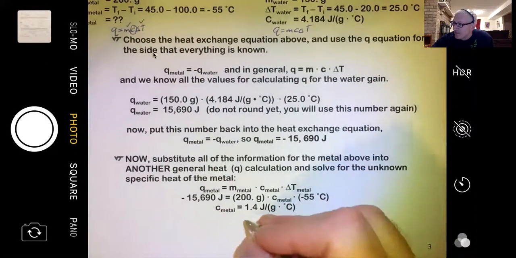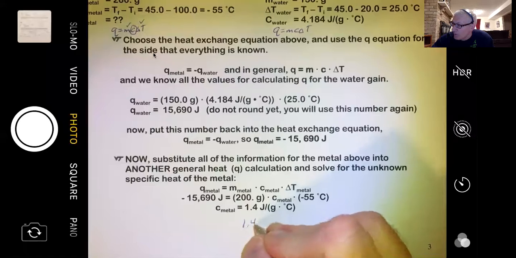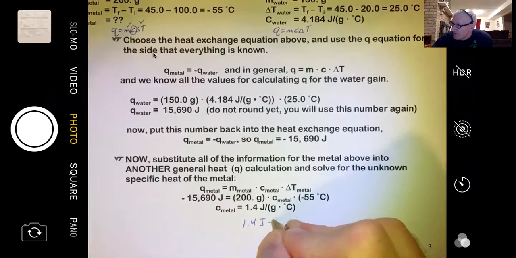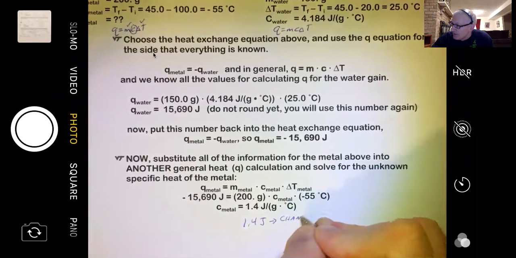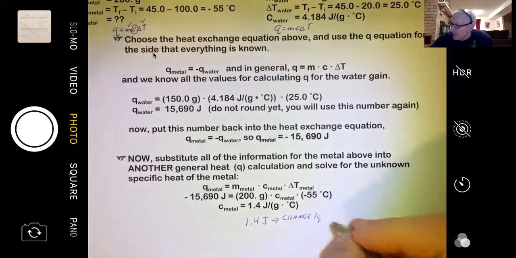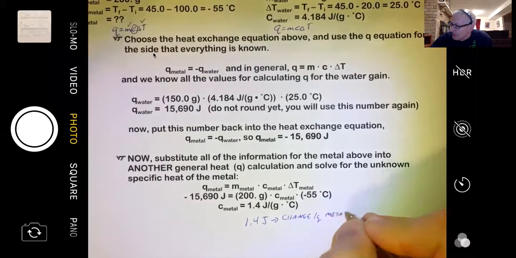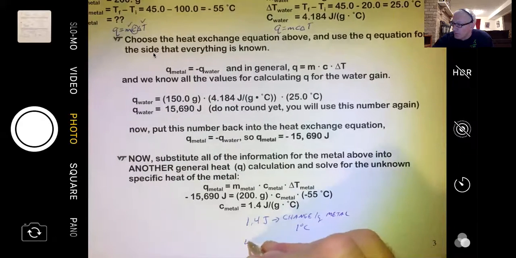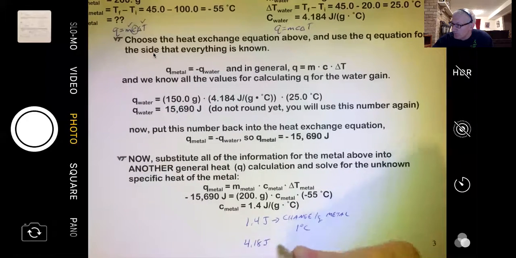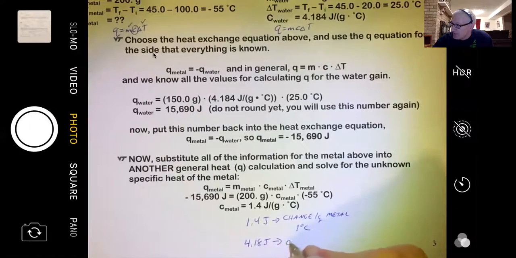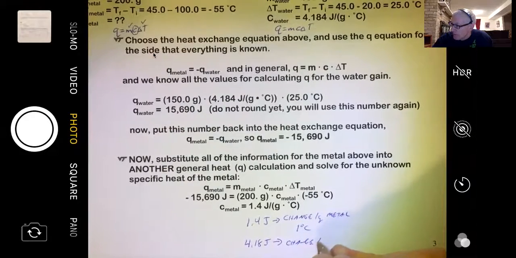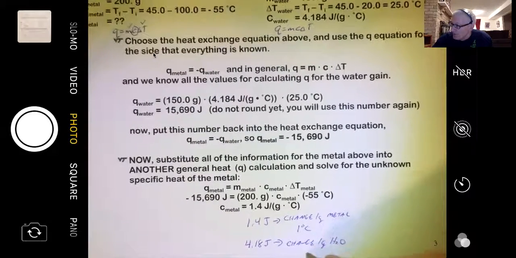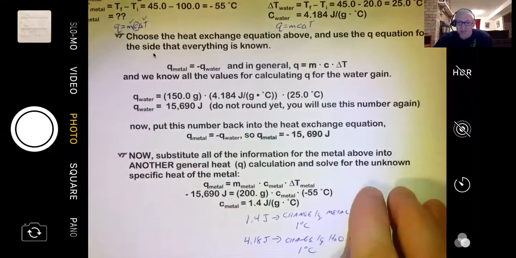This means that it's only going to take 1.4 joules of energy to change 1 gram of the metal by 1 degree Celsius. Now that's a fairly small number compared to the water, which was 4.18 joules. That's what's going to change 1 gram of H2O by 1 degree Celsius.